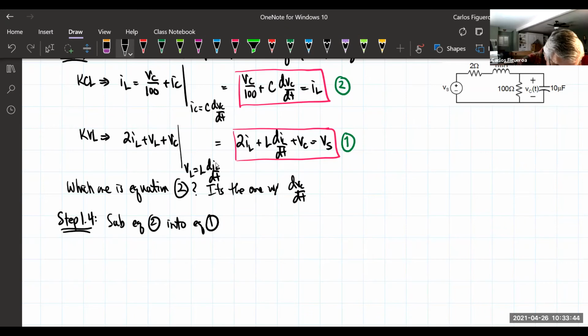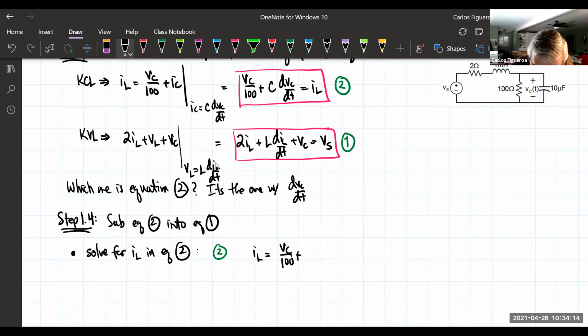So it's a two-step process. The first thing I'm going to do is solve for IL in equation 2. And when you look at that, you can already see that we have it in that form. So I already have IL in terms of VC over 100 plus C dV/dt.